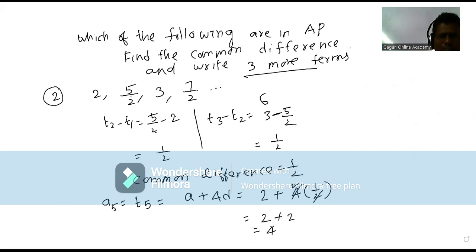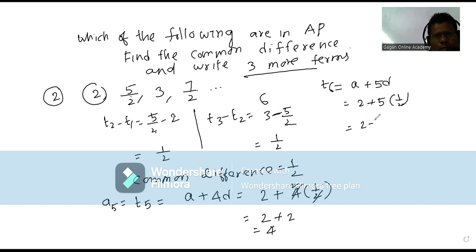Next, let us find the sixth term, T6. The sixth term is A plus 5D. A is 2, 5 into D value 1 by 2. Then 2 plus 5 by 2, multiply: 2 twos are 4, 4 plus 5, 9. 9 by 2 is the sixth term.